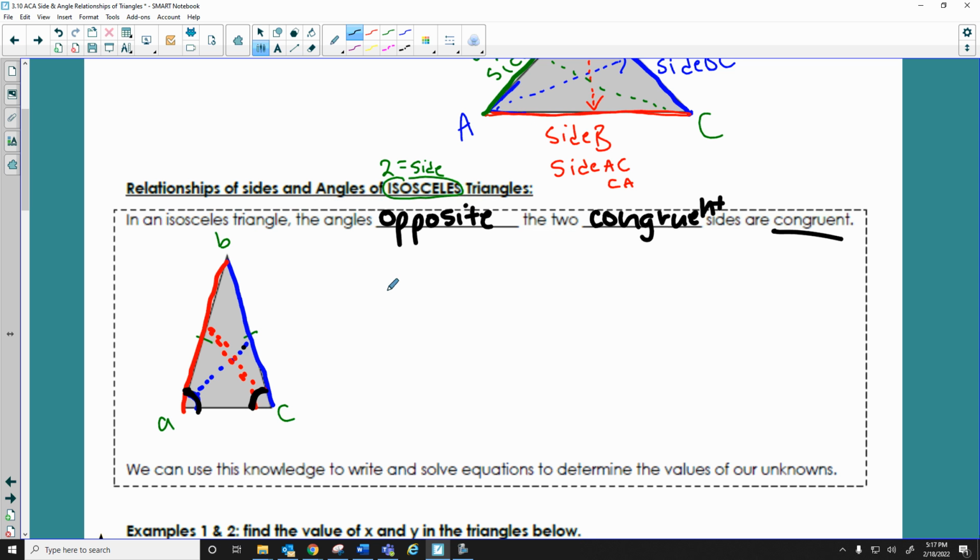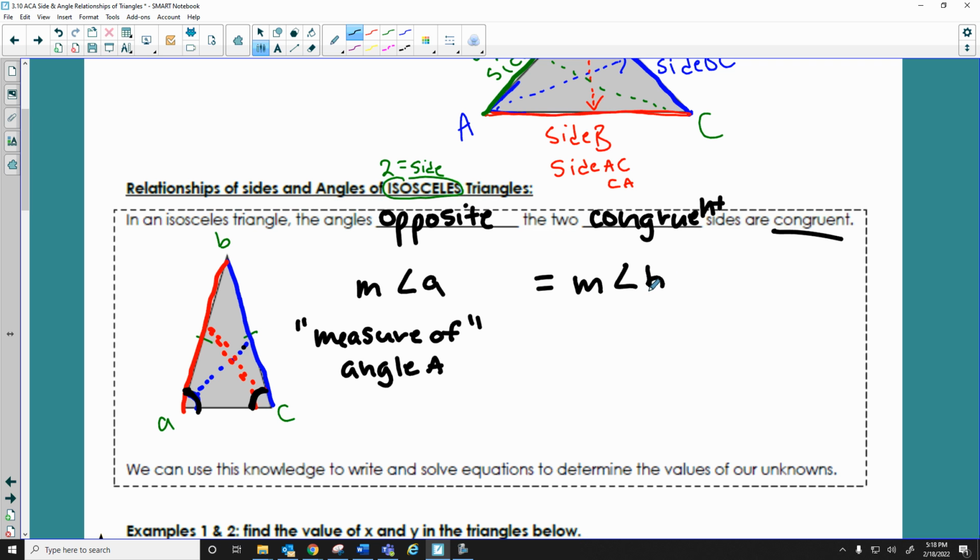I'm going to write this, the measure of angle A. Again, the way to read that, the measure of angle A is equal to the measure of angle B. Again, the way you read that, the measure of angle B. I don't know either one, but because the lengths of those sides are the same, the angles are going to be the same as well. And we can use this knowledge to help us write and solve equations. And I'll show you what I mean.